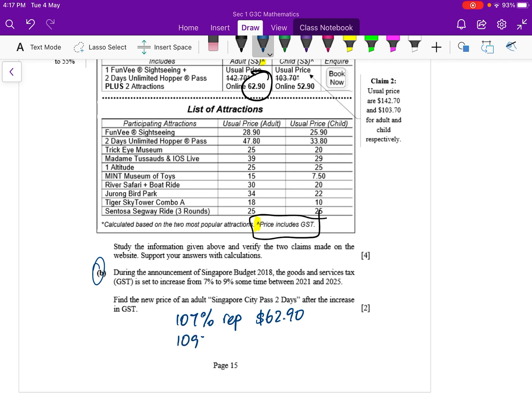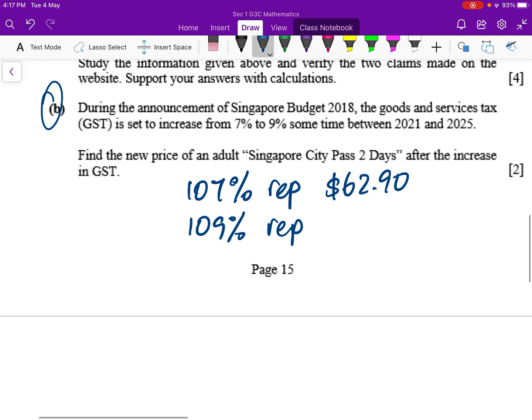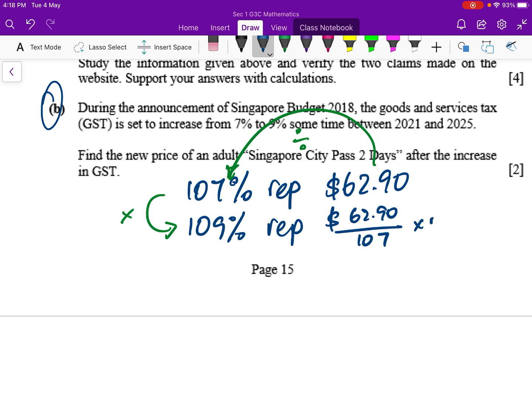And now 109%, which is the new price after increase of GST, will now represent, same structure, divide, multiply. So 62.90 over 107 times 109. This is going to be the new price. 64.0757, so 2 dp, 64.08.